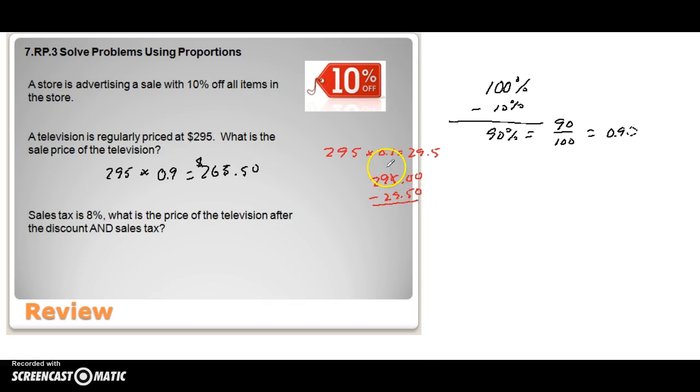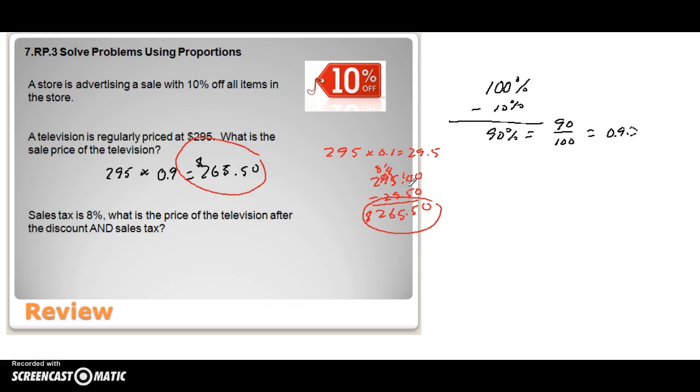So I borrow, that was a 4, sorry, that's a 10, 0, 5, borrow again, 5, 6, 2, 265.50. Same answer. I like the other way better. It's just easier for me to work with that.